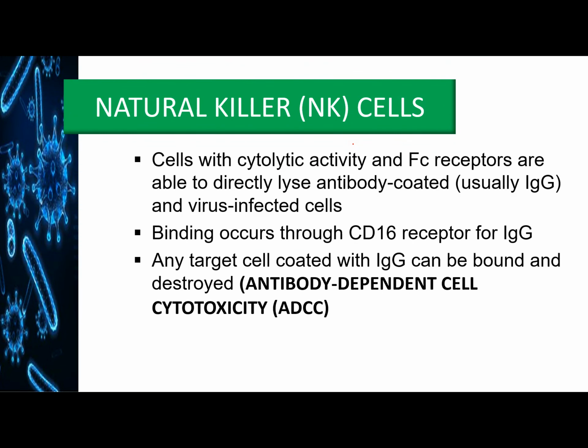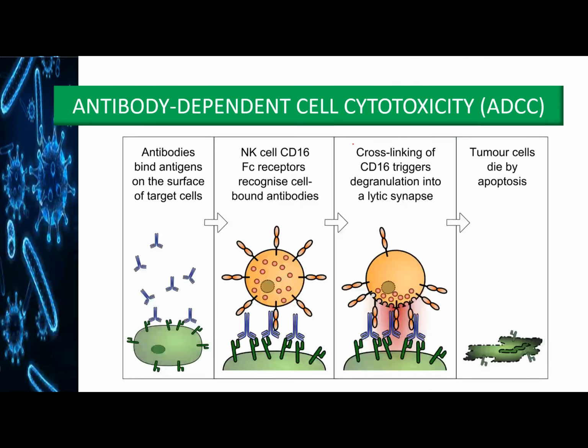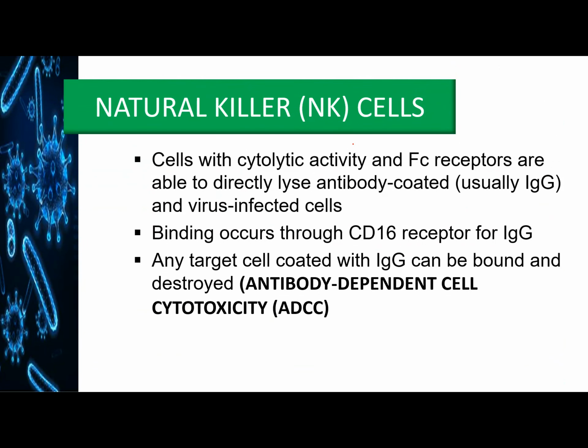Then let's go to the NK cell class. The natural killer cell nyo, also known as the large granular lymphocyte. These are cells class with cytolytic activity, and FC receptors are able to directly lyse antibody-coated, usually IgG, and virus-infected cells. Binding would occur through CD16 receptor for IgG. Any targeted cell coated with IgG can be bound and destroyed through the antibody-dependent cell cytotoxicity.